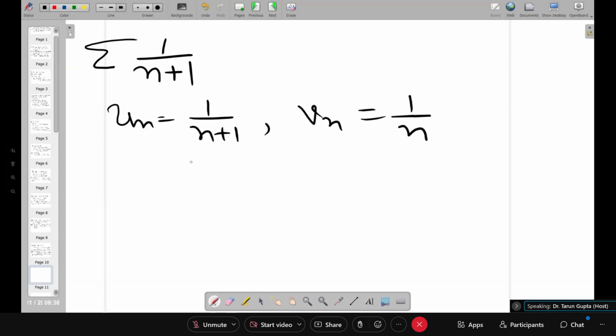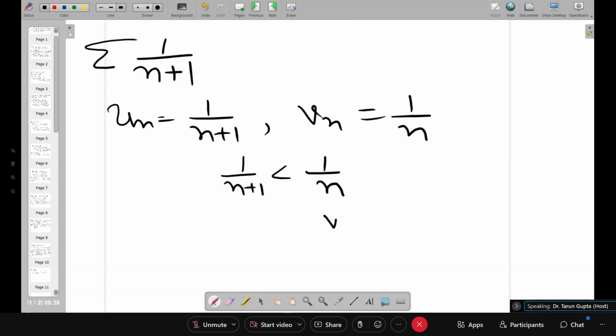Here you cannot say, because here you are not able to find the lesser sequence, because 1 upon n plus 1 is less than 1 upon n.